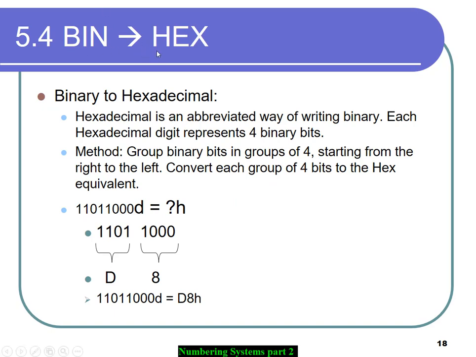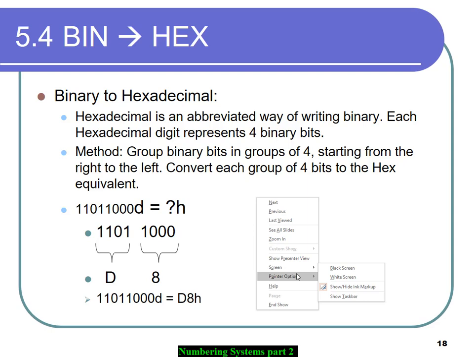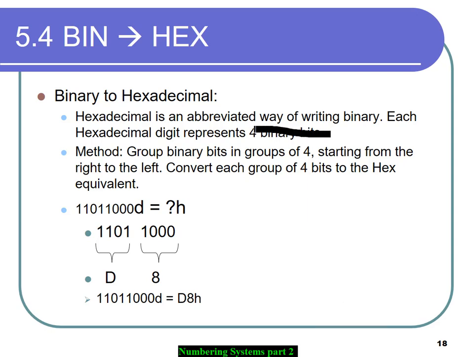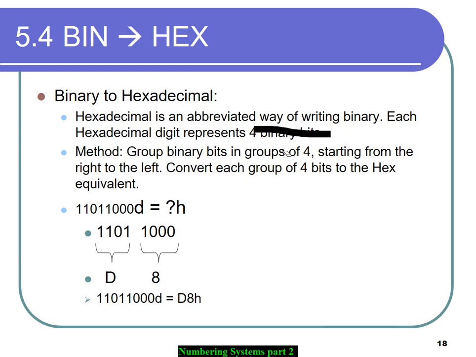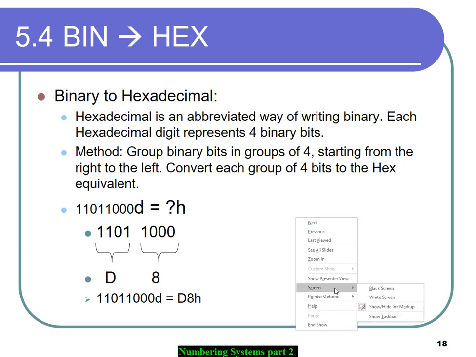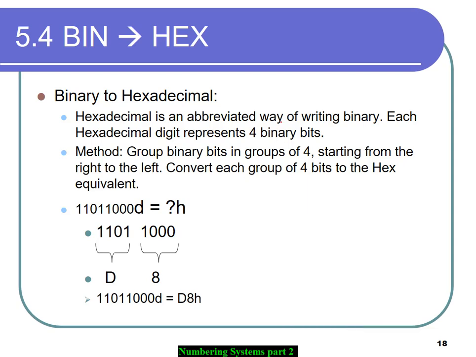So if you look at bin to hex, we've discussed that hexadecimal is an abbreviated way of writing binary, and each hexadecimal digit represents 4 binary bits. Now that is extremely important that you know. Each hexadecimal digit represents 4 binary bits, very important, right?